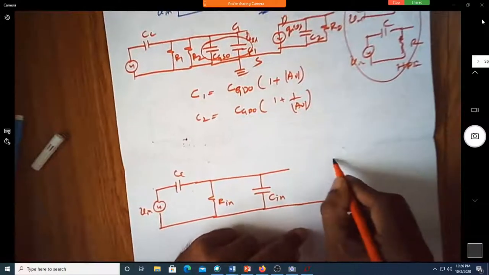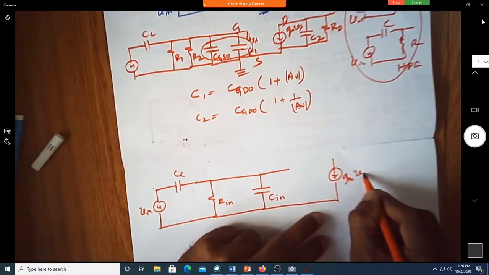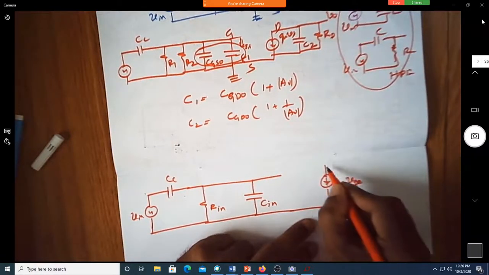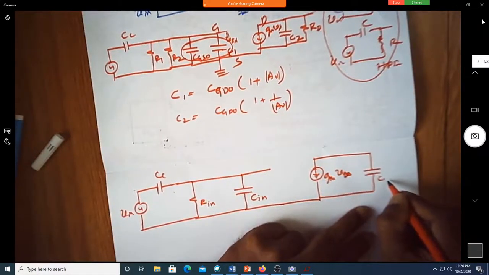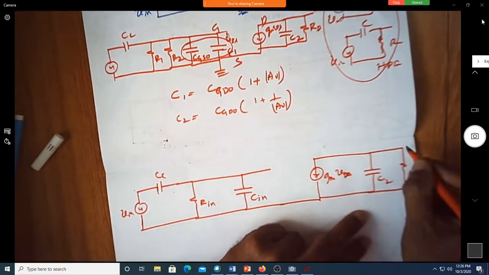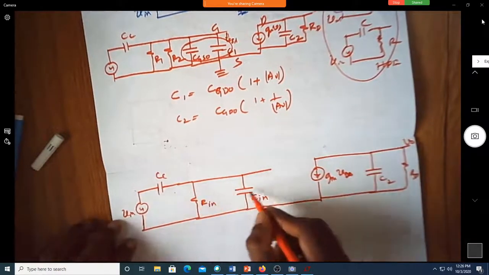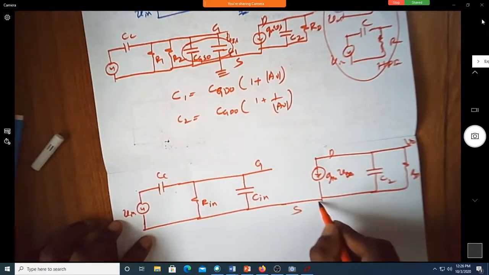This is gm into VGS. This is C2, this is R. This is gate, drain, source, grounded.